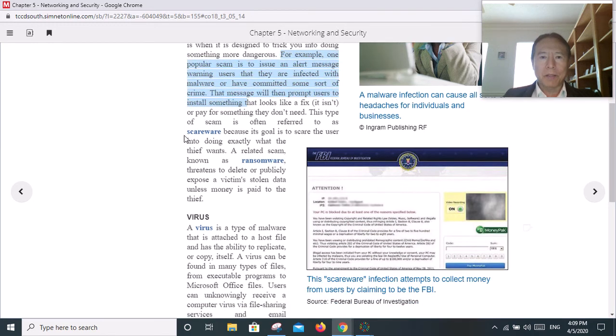And they have other terms, like scareware, where the goal is to scare the user into doing exactly what the thief wants. And they have ransomware, which deletes or steals your data.